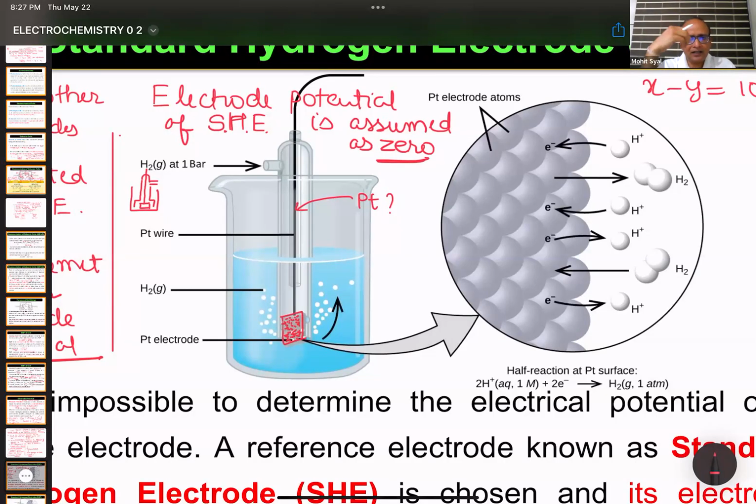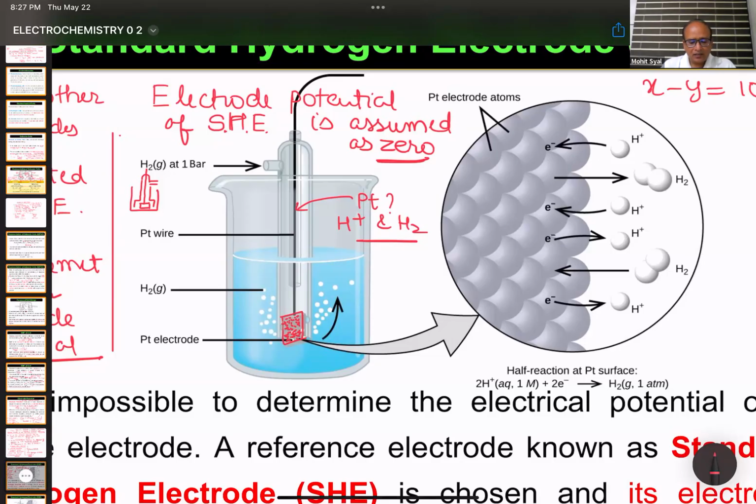It provides the surface for transfer of electrons between the H plus ions and H2. There is a transfer of electrons. We need to have some metal. The metal itself should not participate. Is it clear? So it provides a surface for the exchange of electrons.